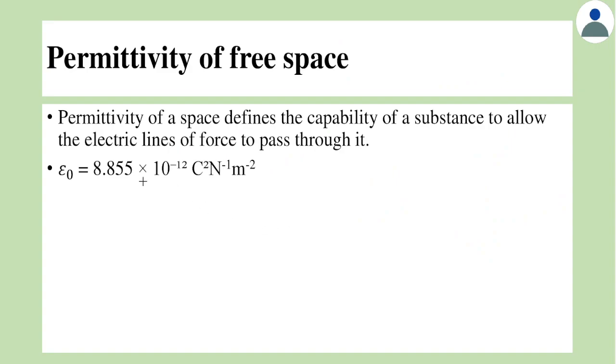Now the value of this permittivity is given as 8.855 into 10 power minus 12 Coulomb square per Newton per meter square. To understand this, to derive this unit, think of the previous formula where F was given as 1 by 4 pi epsilon naught Q1 Q2 by R square.